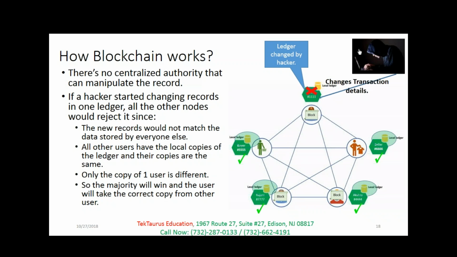Are you getting my point? If anybody wants to change a single transaction, suppose you want to change $10 to $1,000, after that change is done, to validate and all the things, around 4 years will take.